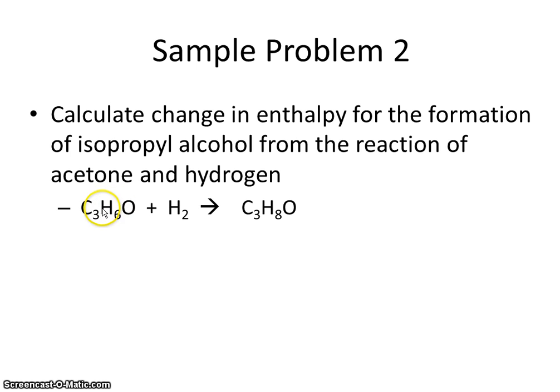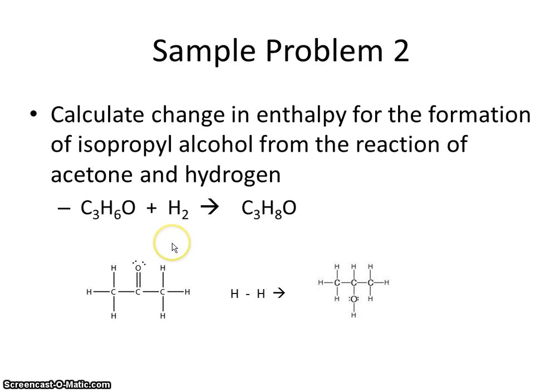And the same is true for the isopropyl alcohol molecule. So actually, you have to look at the Lewis structures. That's why in your textbook, this concept of bond energies for finding delta H is not presented until chapter 8 in the chapter on chemical bonding.